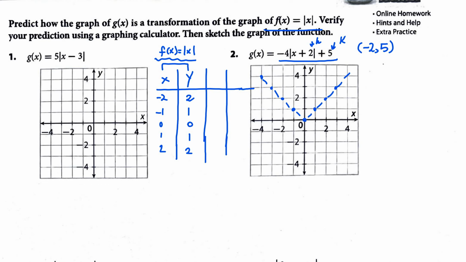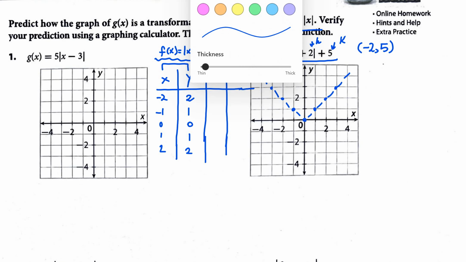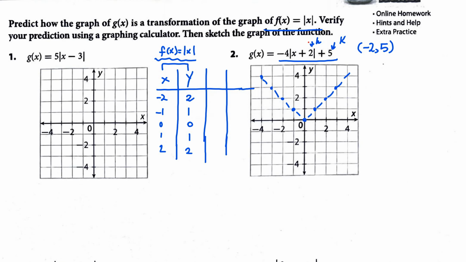So let's look at this one. X was transformed to the left 2. So -2 minus 2 gives me -4.